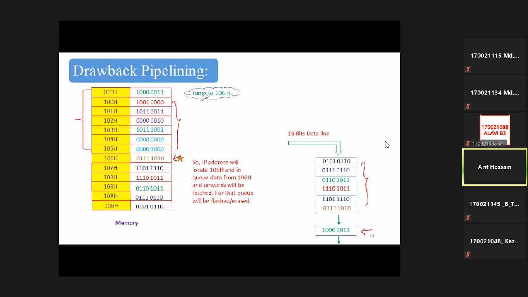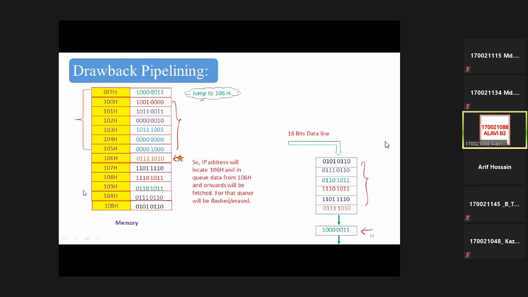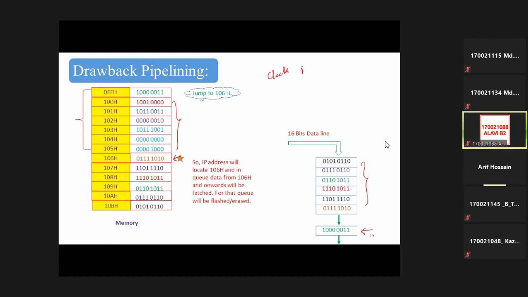Now try to understand what is actually happening. All of you already know that your microprocessor works on clock pulses. In a particular pulse, when your execution unit decodes this portion, it will tell to jump to 106H.